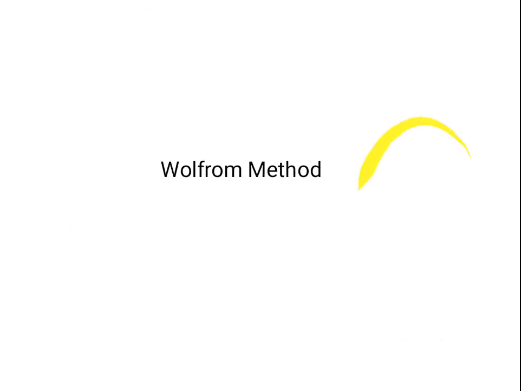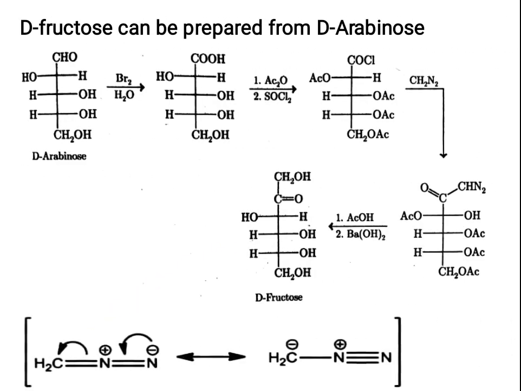Wohl method. In the case of the Wohl method, D-fructose can be prepared from D-arabinose. Just start with the arabinose and then add bromine water.